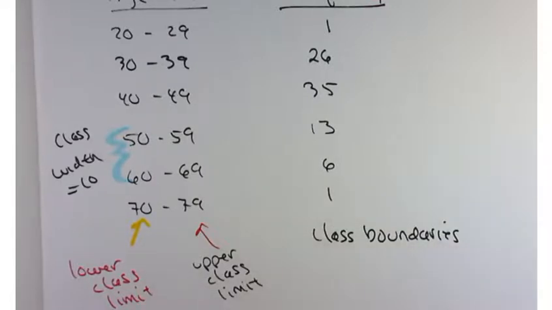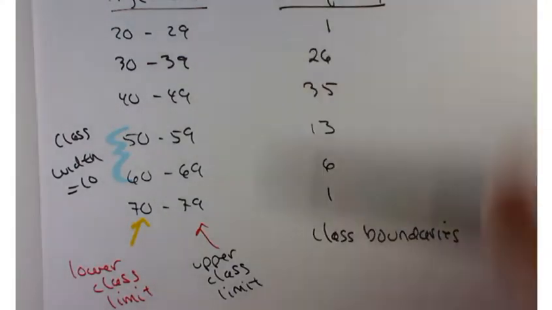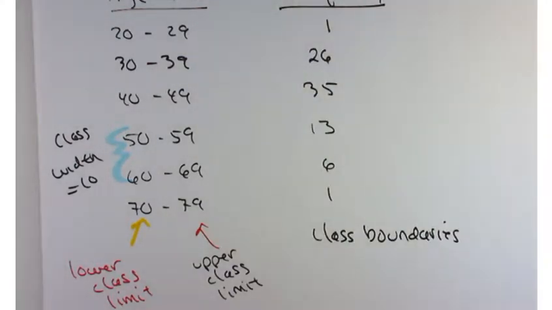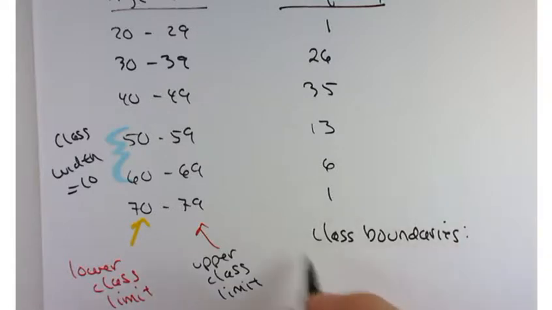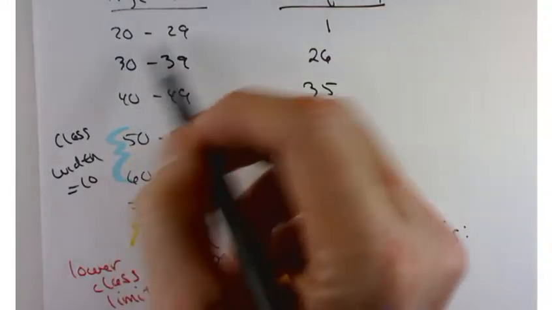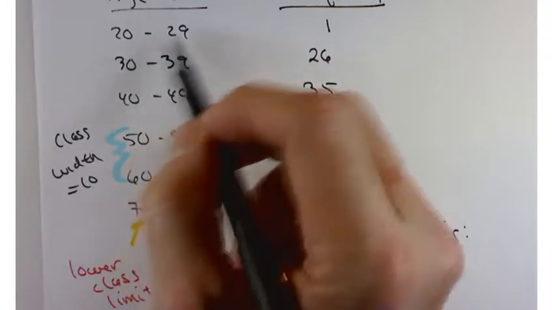And given that your data consists of ages, are you going to round up? Are you going to round down? It's kind of up to you where you want to put these class boundaries. But the class boundaries in this case would be the midpoint of these two.